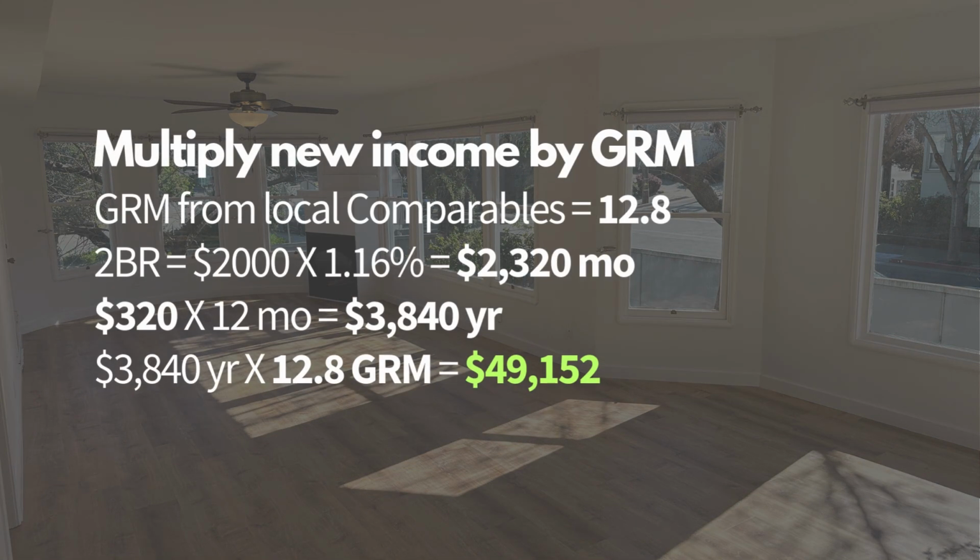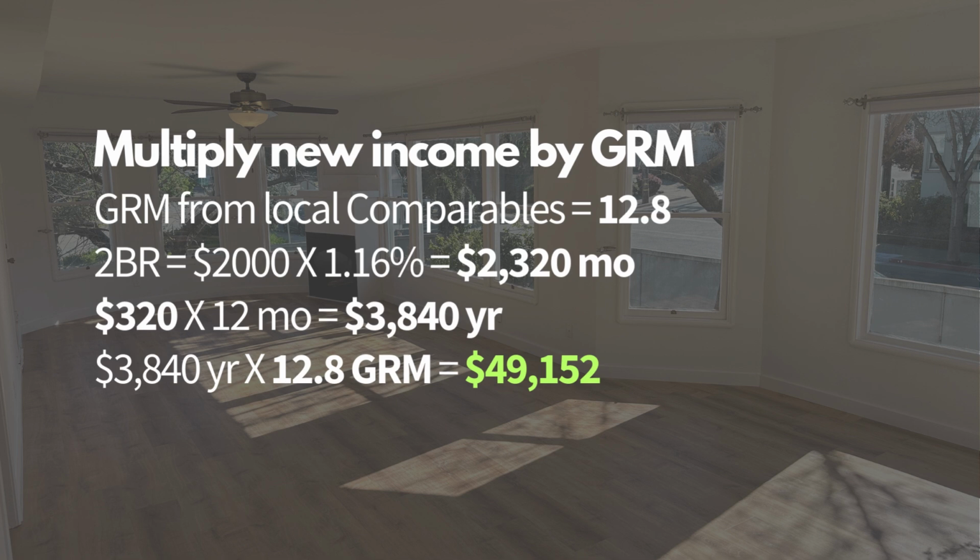So I'm taking the comps that I received by looking at multiple comparable properties, and I got about a 12.8 in my area for a similar size property and location. For this 2-bedroom, I increased rent with this remodel 16%, and I'm looking at a new rent of $23.20.